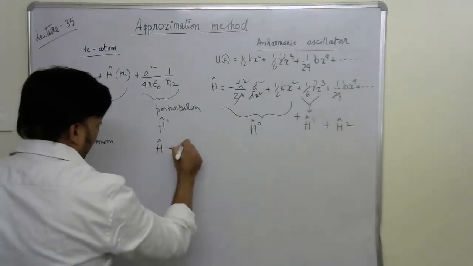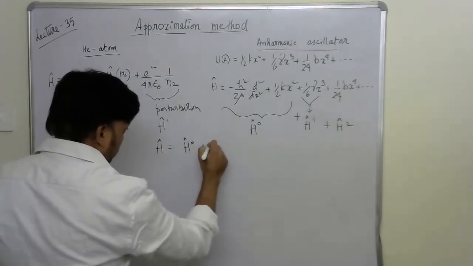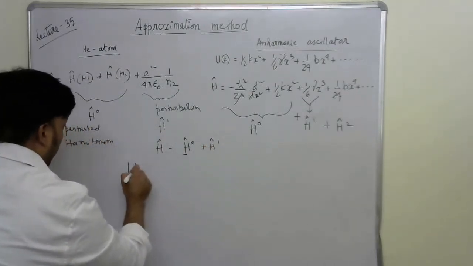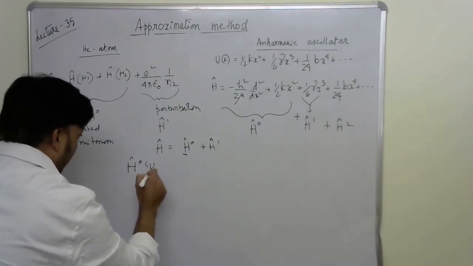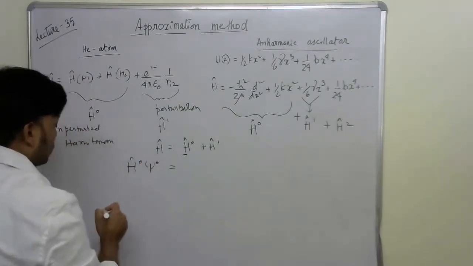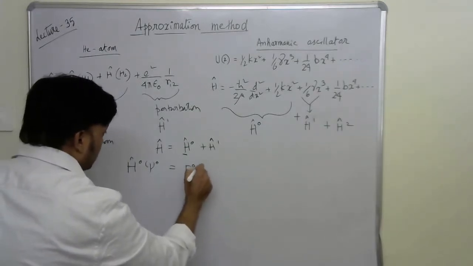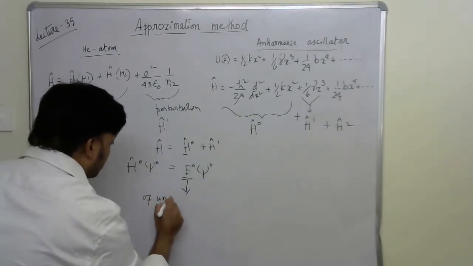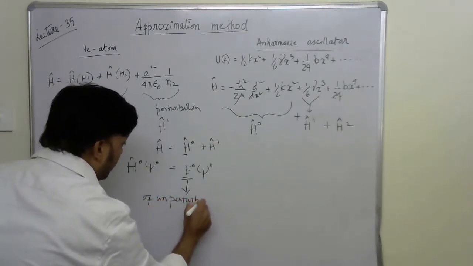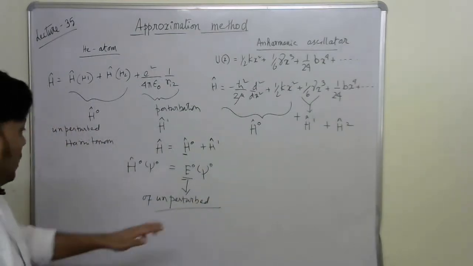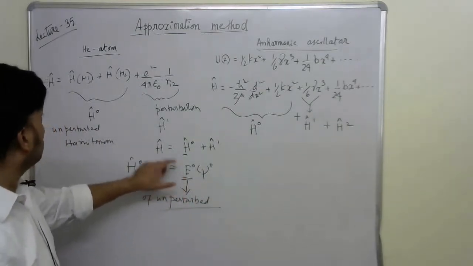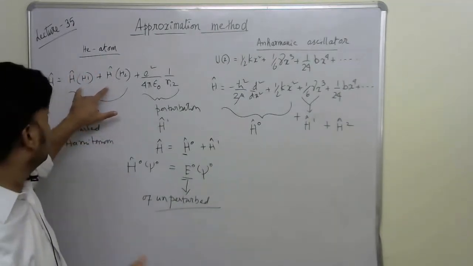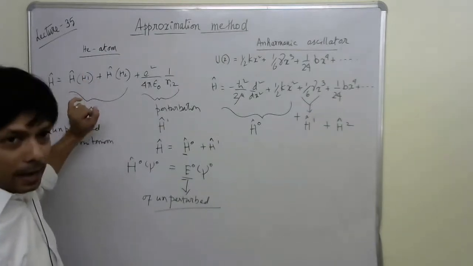So therefore the Hamiltonian goes like this: H naught plus H1, and remember this H naught forms the eigenvalue equation with respect to psi naught. So we can write that this is the energy of the unperturbed system, or the original energy. That means if we can solve this, we get E naught, which is the energy for the combination of two electrons, hydrogen atom.